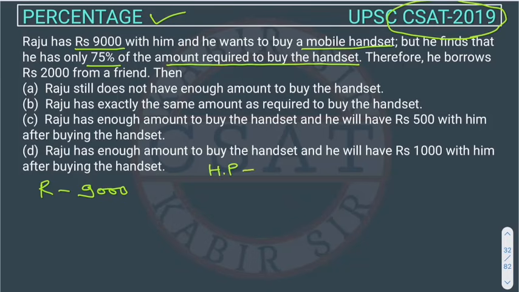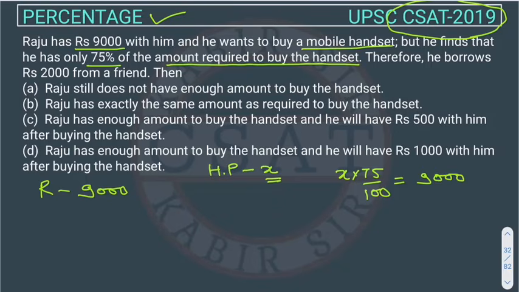Let's assume the price of the handset is X rupees. Raju has only 75% of that, so 75% of X will be equal to what Raju has.